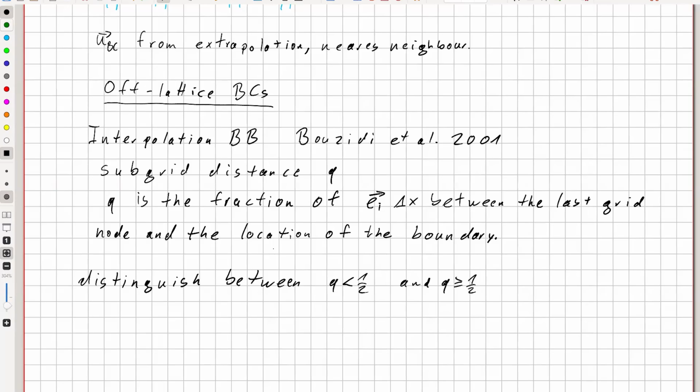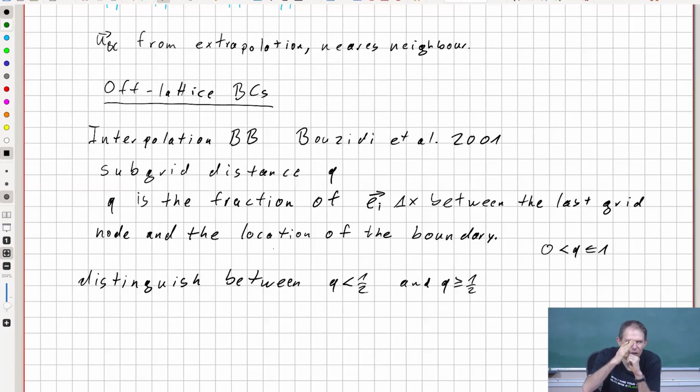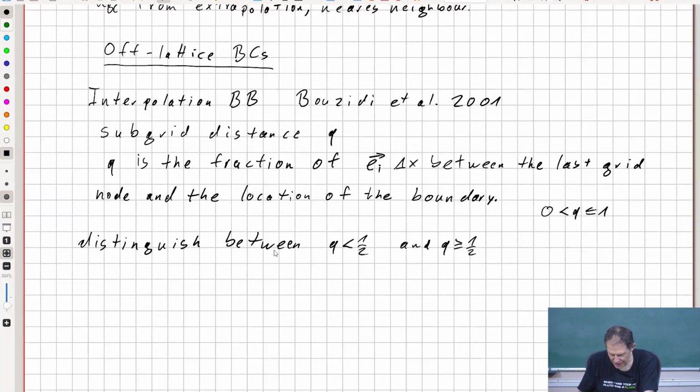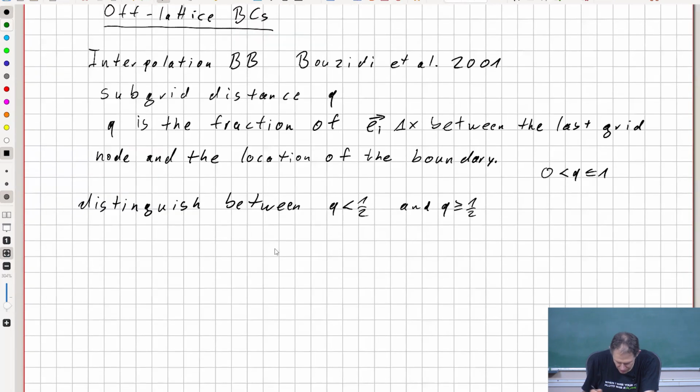And by the way, q always is in between 0 and 1, because 0 would mean that the boundary condition is directly on the wall, and 1 would mean that it's directly on the next one. So okay, this distinction. Now, unfortunately, I have to draw this.